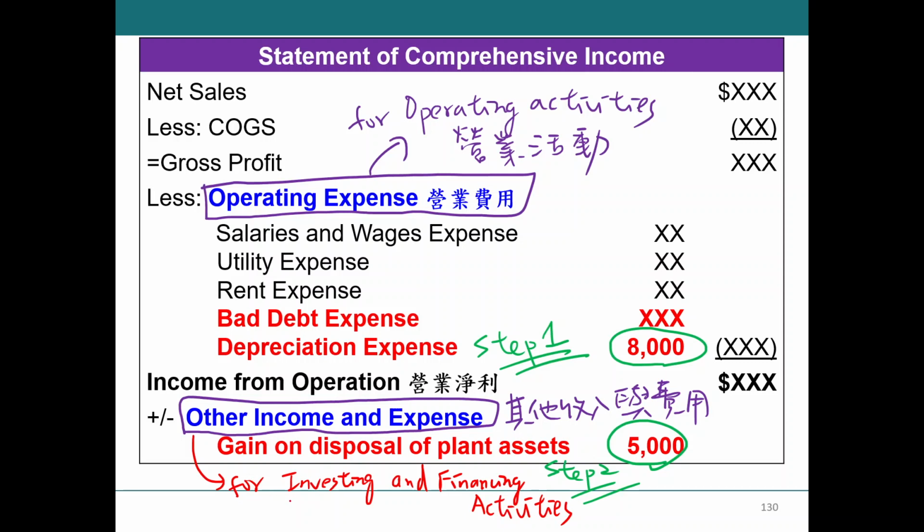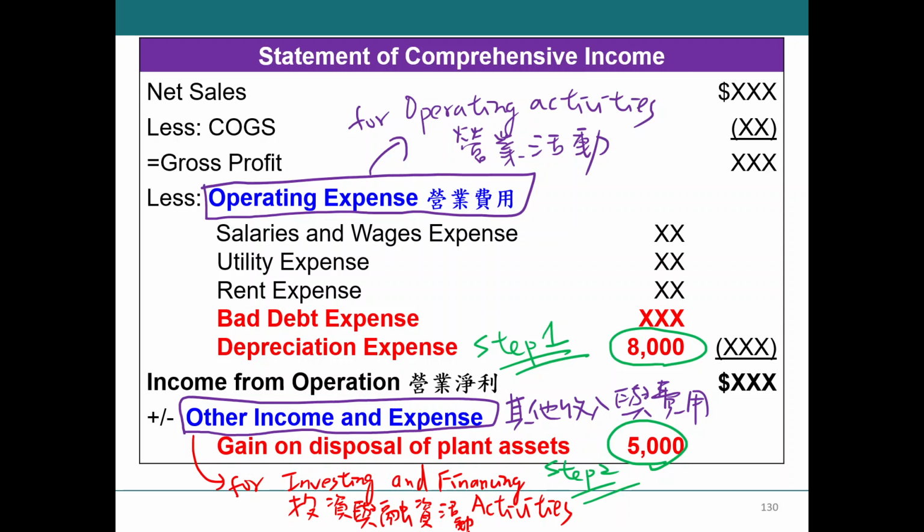Investing and financing activity, OK? You sell your PP, that's not an operating activity.